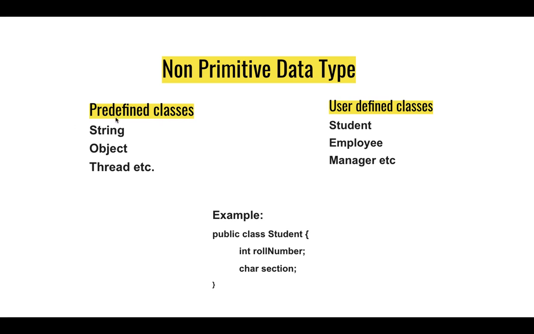Predefined classes are like String, Object, Thread, etc. User-defined classes we can create, like Student, Employee, Manager, etc. These non-primitive data types might contain primitive types, like public class Student, int rollNumber, char section, like this.